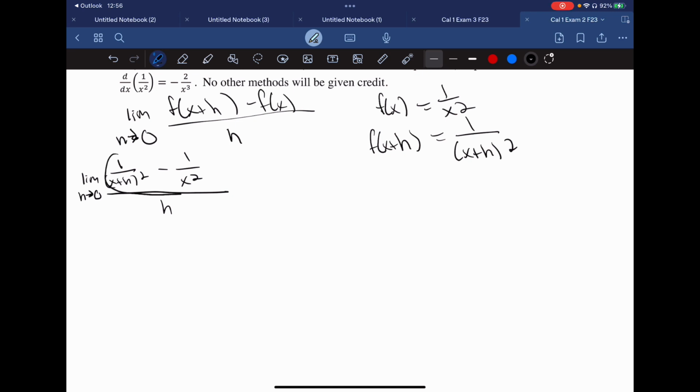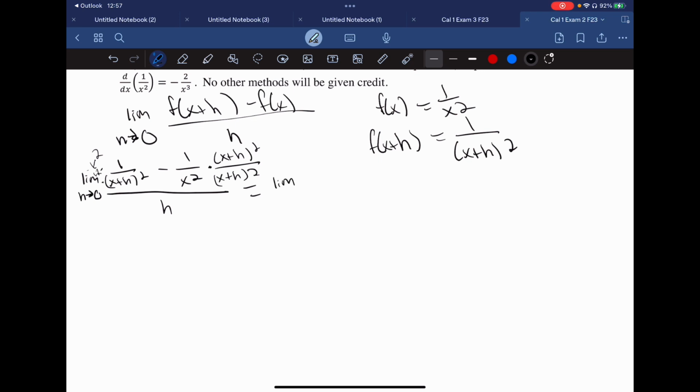Now, what we're going to want to do is combine these two and cross multiply to allow them to have the same denominator. So this is going to be times x plus h squared over x plus h squared, and this is going to be x squared times x squared.